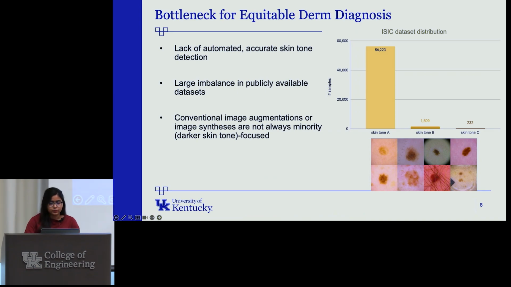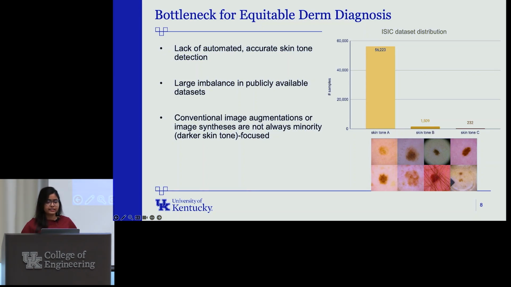So in this work, we focus on 3 problems in dermatology diagnosis. First of all, there is no automated tool for skin tone detection for dermatology. And second of all, there are not enough data samples for darker skin tones, and conventional augmentation methods do not focus on darker skin tones.